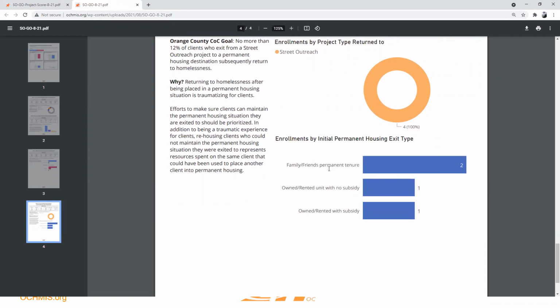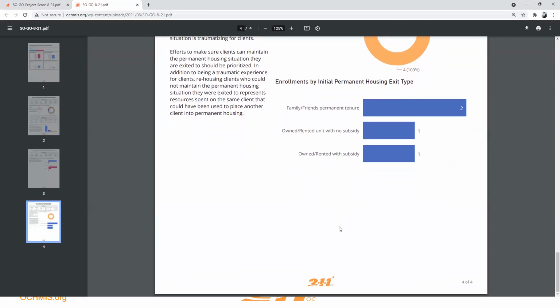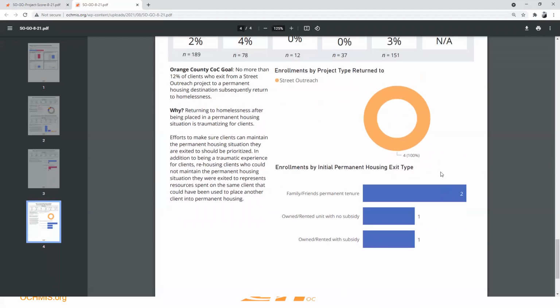So 2 of them went to either family or friends that they said was permanent. One owned or rented without a subsidy, and the other one was with a subsidy. Any questions, comments on this one?